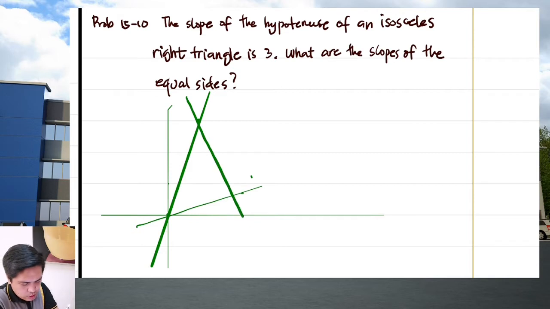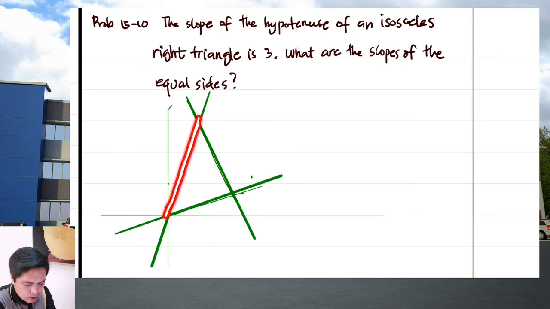This is just to illustrate what is being asked in the problem. So let's say these are the lines that form the isosceles right triangle. Isosceles because these two parts are equal. This is the hypotenuse we described with a slope of 3. Okay, so it also follows that these angles are equal.